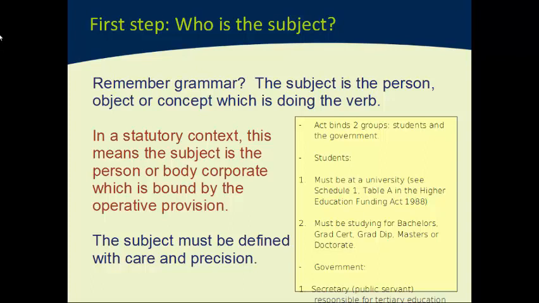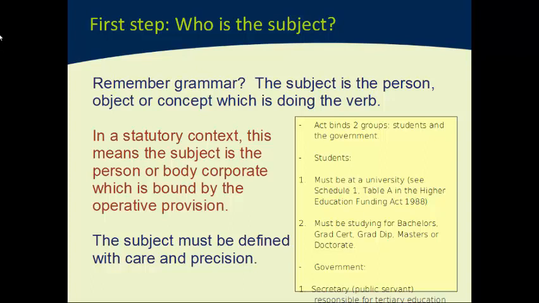If the verb in an operative provision is the right or the obligation or the prohibition, then the subject will be the person who's actually bound by the legislation. The subject will be the person who has the right, or the person who has the obligation, or the person who must not do whatever is prohibited.